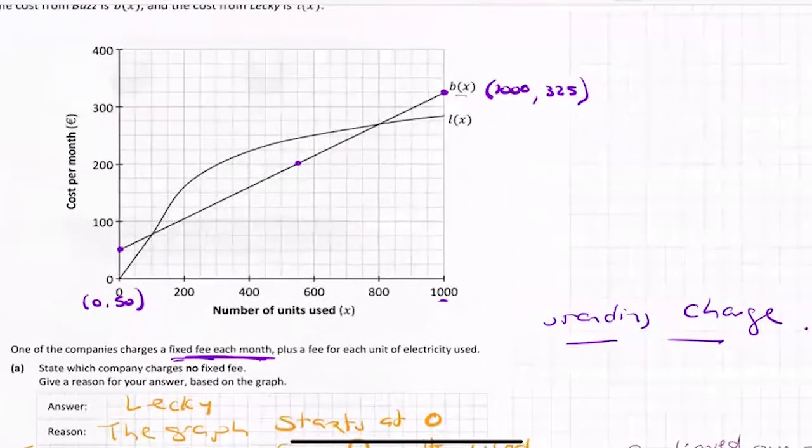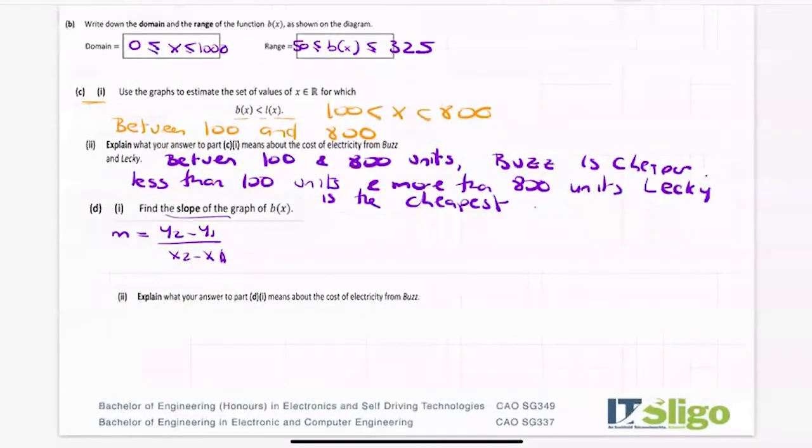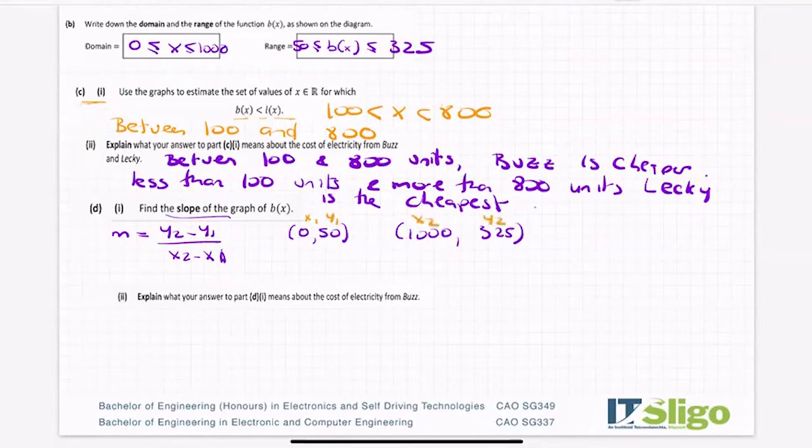Okay, so they are 2 decent points. So we have 0 and 50, and 1000 and 325, x1, y1 of my first point, x2, y2 of my second point, and let's sub them in.